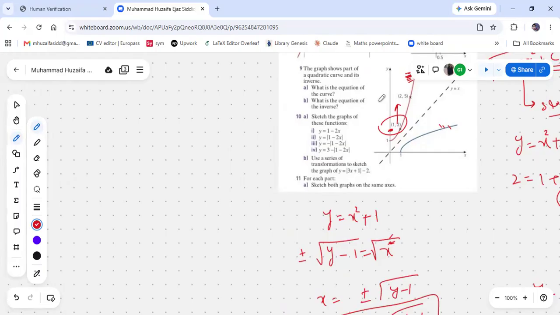Can I move to the next part, please? Okay, look here. If we have y is equal to 1 minus 2 of x.